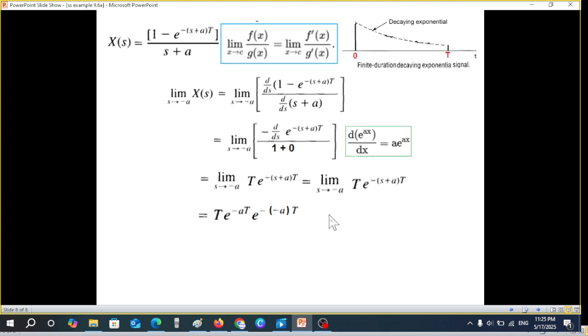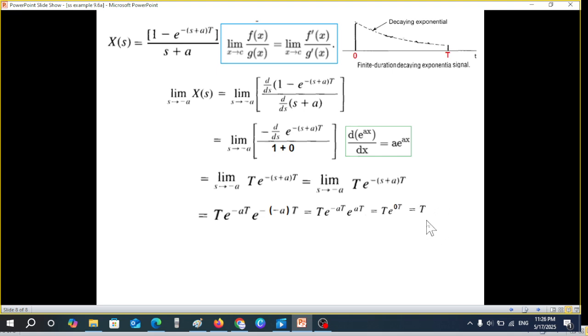Now if we put the limit s equal to -a, we get this term, and when you add, it will be e raised to the power 0, which is 1. So the final answer of the limit is T, and T does not have any pole.